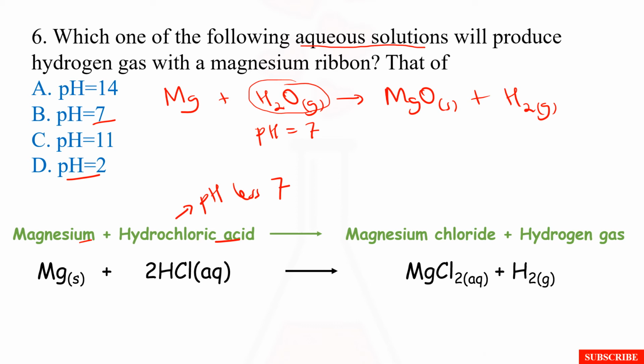So the best answer becomes D. Magnesium reacting with a solution whose pH is less than 7. Although B can be next to D, our best answer will be D, which is pH being equal to 2. So let's ignore steam because it's not aqueous, it is gaseous. So the answer is D, pH is equal to 2.